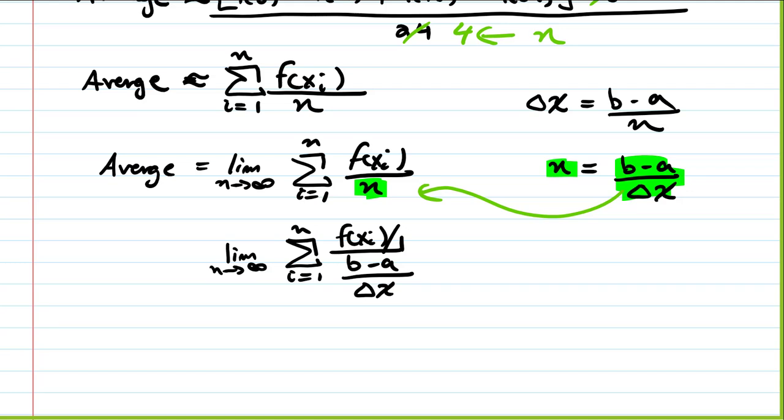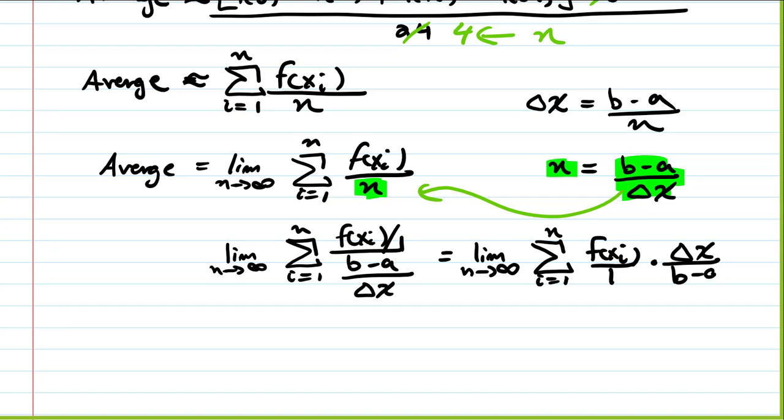Turn the numerator into a fraction by putting it over 1. So if we have a fraction divided by a fraction, we multiply by the reciprocal. And that leaves us with f of x sub i over 1 times delta x divided by (b minus a).